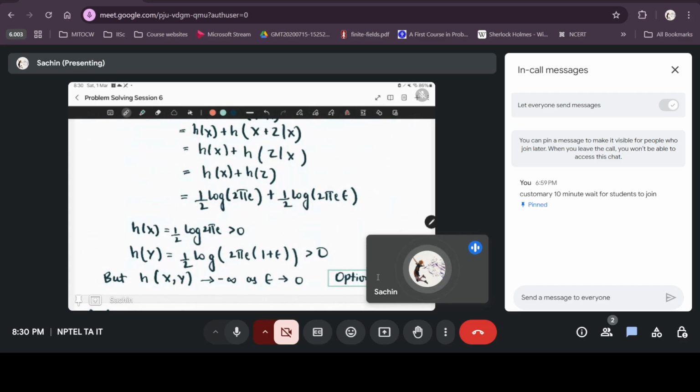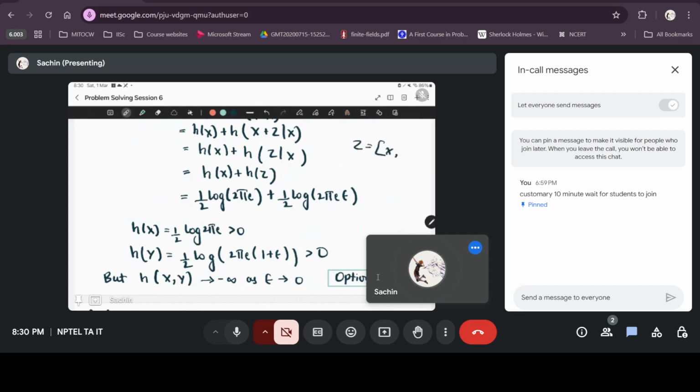So h of xy was going to minus infinity as epsilon went to 0. So xy, you can take that random vector as a random variable z.